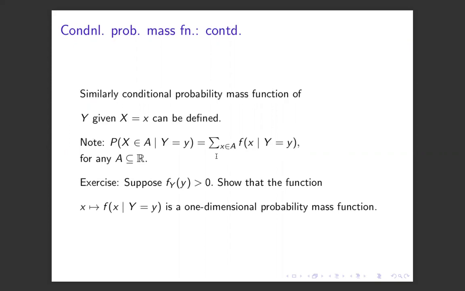Either you can derive this directly, or the underlying idea is this exercise. Suppose f sub Y at little y is strictly positive. Then you consider this thing as a function of x alone, keeping y as a parameter. Y is fixed. Then x going to little f at x given Y equal to little y is a one-dimensional probability mass function.